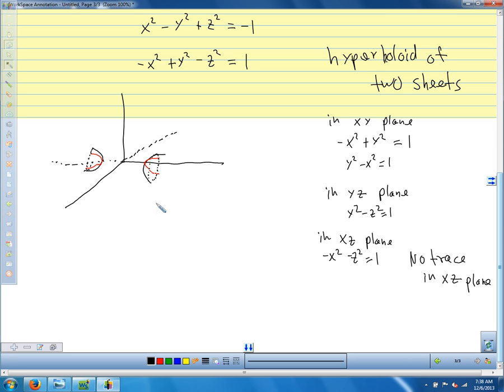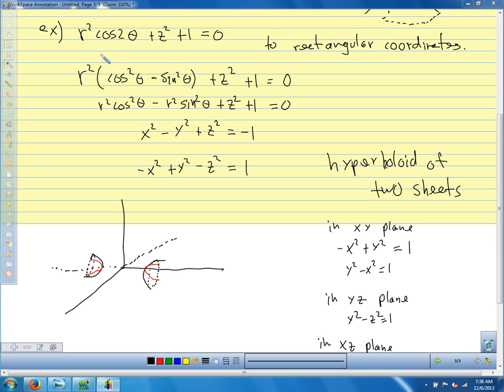So I get two hyperbolic shaped dishes that face away from each other. So in cylindrical coordinates, this is a hyperboloid of two sheets. Rectangular coordinates for this one are maybe a little easier to work with.